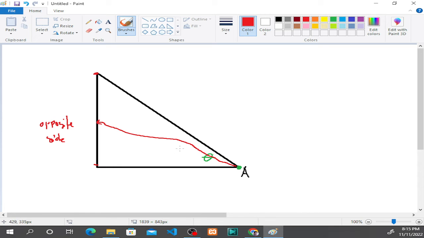And then the side closest to the angle is what you call the adjacent side.